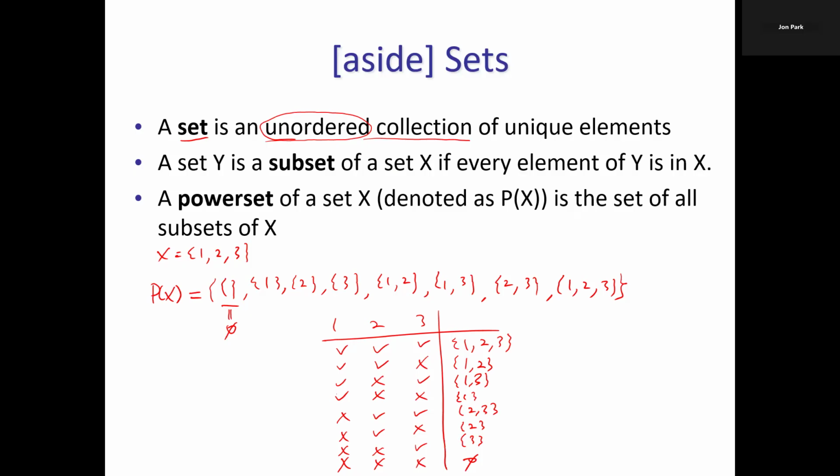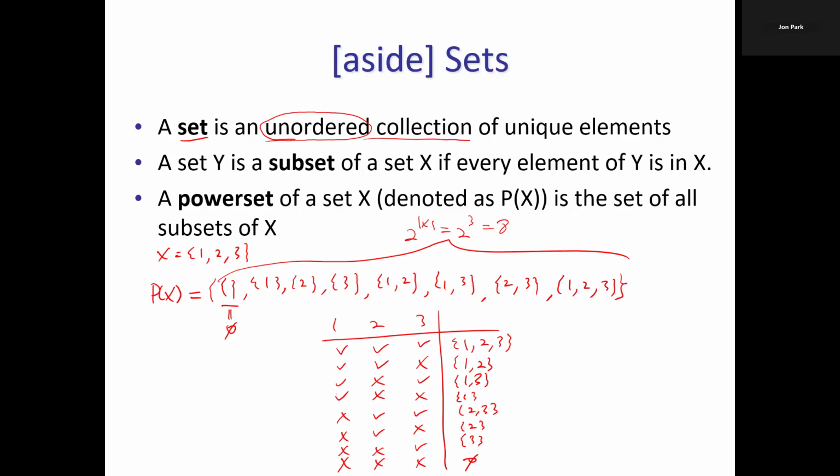So to come up with all the subsets, what I need to do is for each element, I have to make a decision between adding it or not adding it. And there are three elements, so there are 2 to the power of 3. So the total number of it would be 2 choices per element, and we have 3 elements, so there are 8 of them.